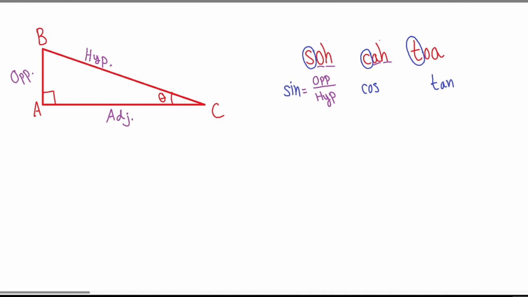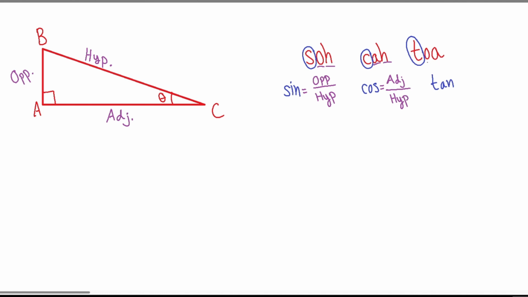And the H here stands for hypotenuse. So the cosine is equal to the adjacent side over the hypotenuse. So that would be the cosine of angle theta.